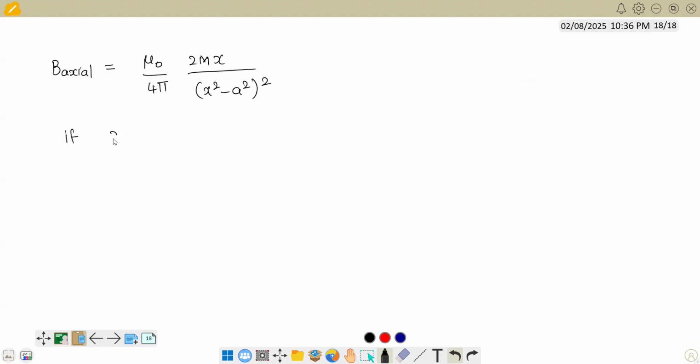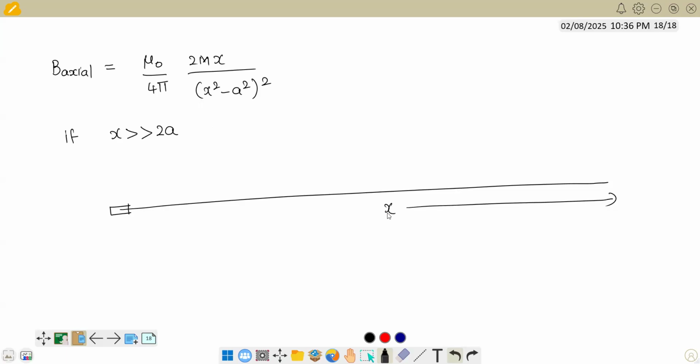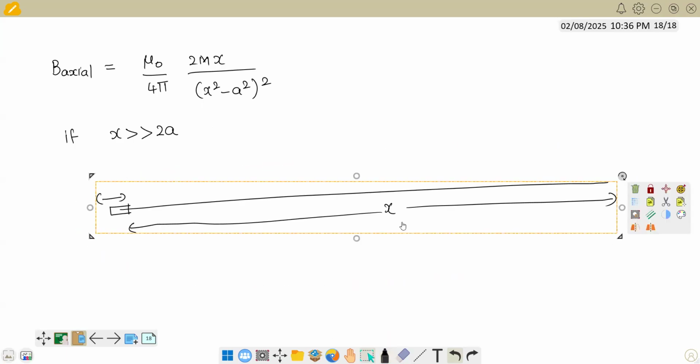If x is much greater than the size of the bar magnet, that means the magnet is very small and the distance that you are dealing with is very large. The x value is very large and our magnet size is very small. So this is the situation, x greater than 2a.